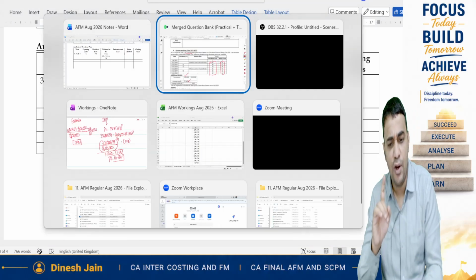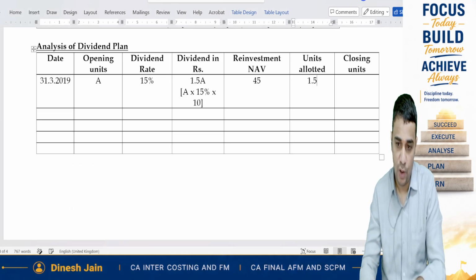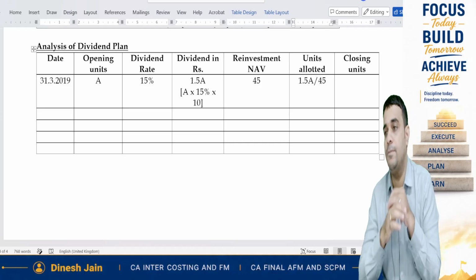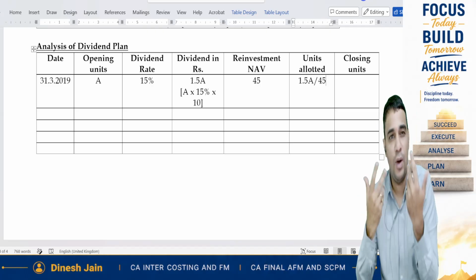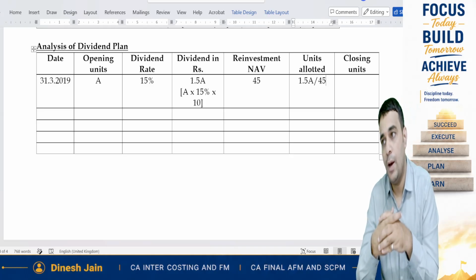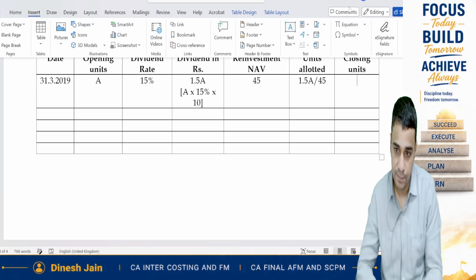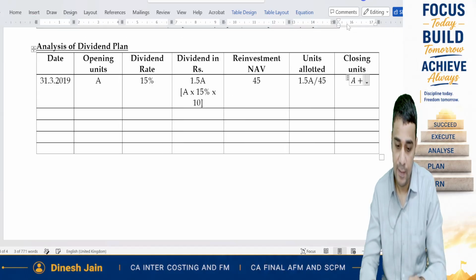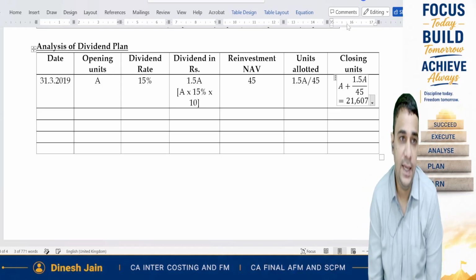What was the NAV on 31/3/2019 for the dividend plan? 45. Units allotted is 1.5A by 45. I don't know A, and I have no idea on 1.5A by 45 as of now. The only thing I know is A plus 1.5A by 45 equals 21607.